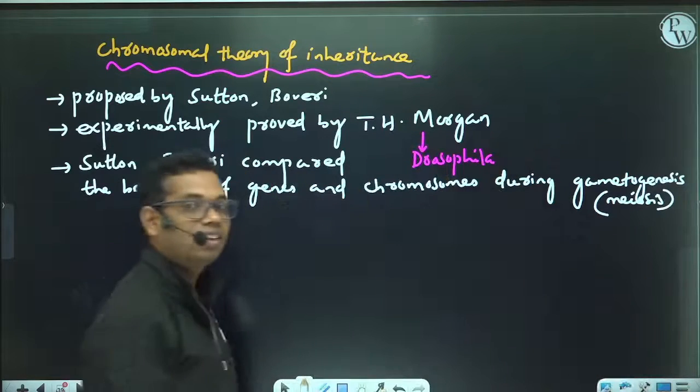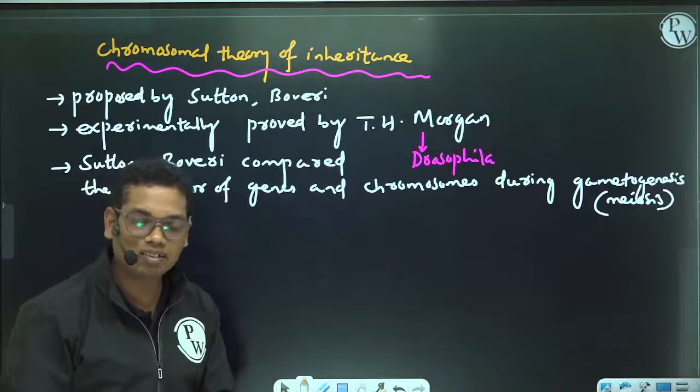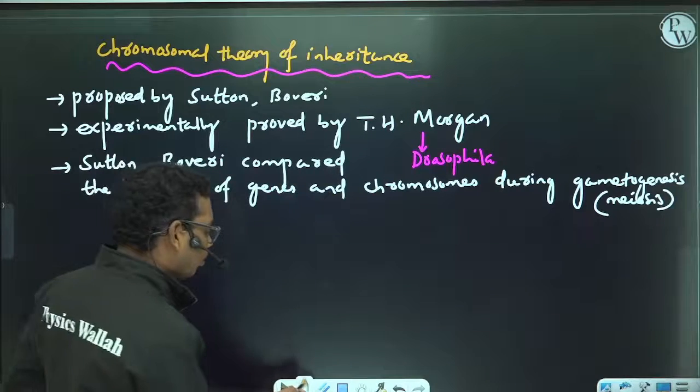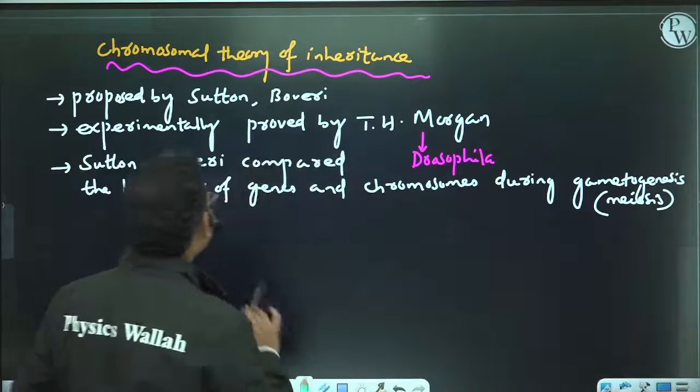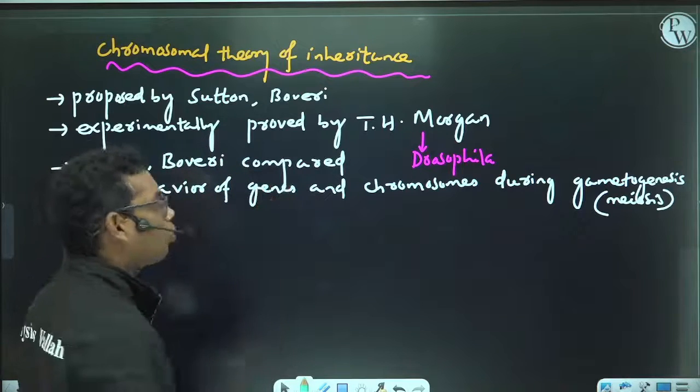And they found that their behavior is parallel. For example, what are the postulates of this chromosomal theory of inheritance?